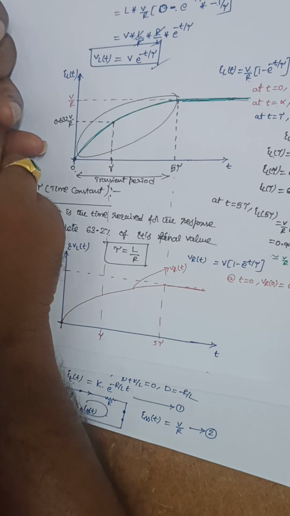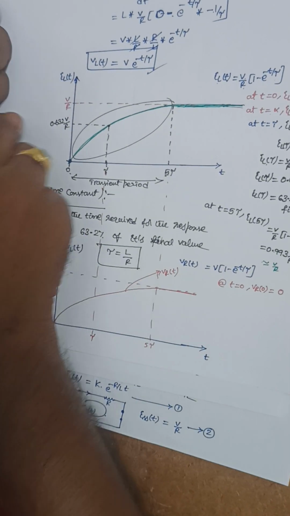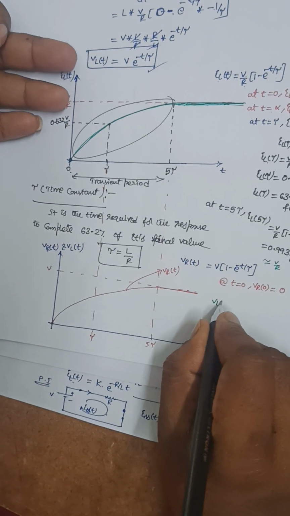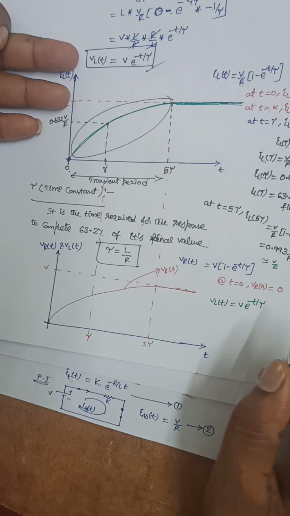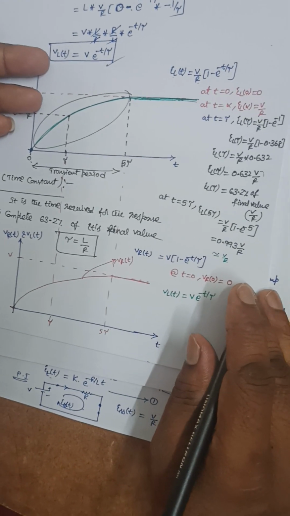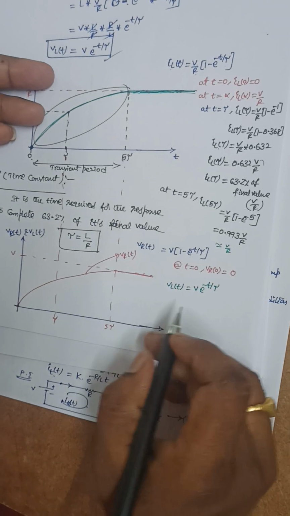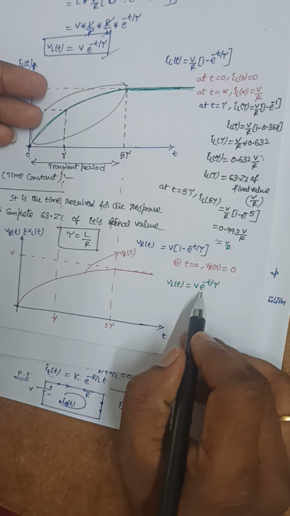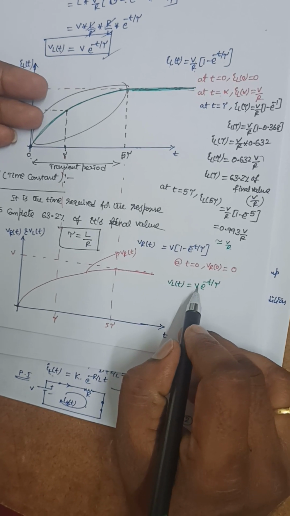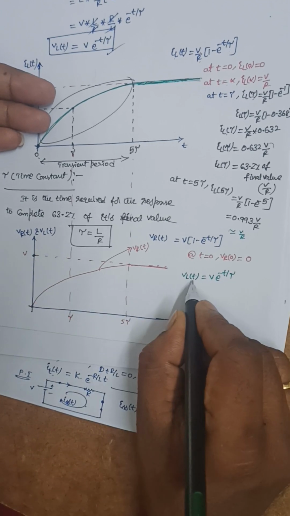Now VL of t is equal to, what is VL of t here? VL of t is V into e power minus t by tau here. V into e power minus t by tau. Right. So here whenever t is equal to 0, if I substitute t is equal to 0 here, e power 0, that is 1 into V. So it will start from V itself.